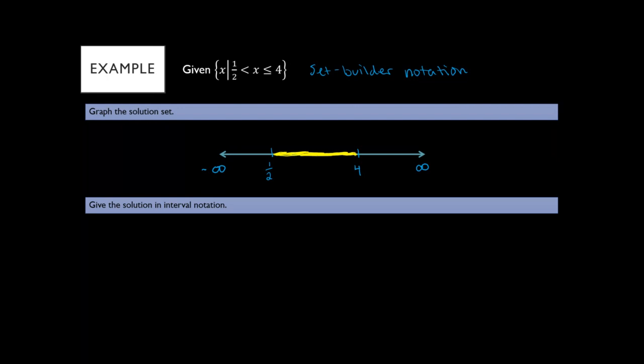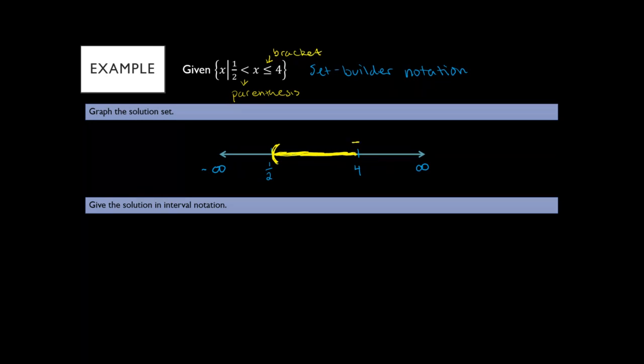Now I need to figure out what my symbols are. At 1/2, I have a less than, which always goes to parentheses. And it's going to face where I'm shading, so I'm going to use the left one. And then at 4, there's a less than or equal to, which is always a bracket.